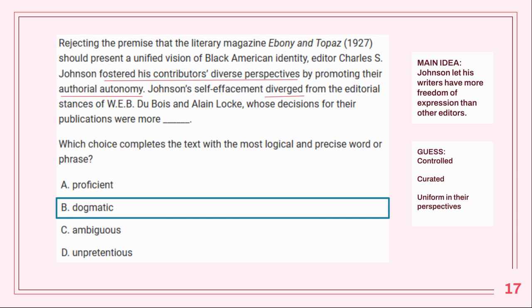Their decision for their publications focused on one perspective, one opinion, while Johnson let his authors believe and write about what they wanted to. They had a more curated, controlled image because they believed in one vision rather than a diverse image. So even though you might not know what dogmatic means, try to eliminate other words and be confident when choosing a word that you don't know, because at least you decided that the other words that you do know don't work.